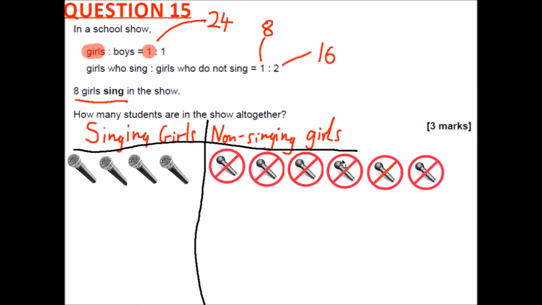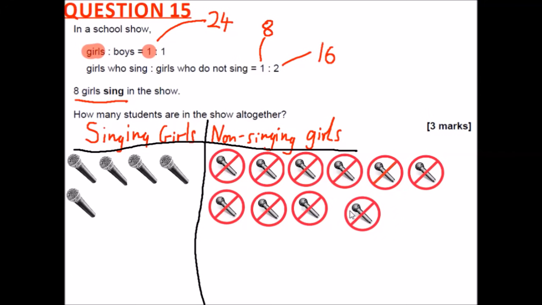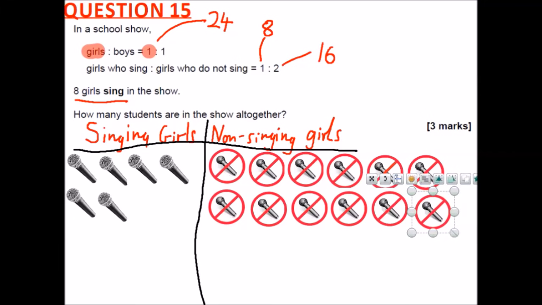Another 1 that sings, another 2 that don't. Another 1 that sings, another 2 that don't. And just keep going. For every 1 singing girl, just put down 2 that don't, because that's what the ratio is literally telling us.